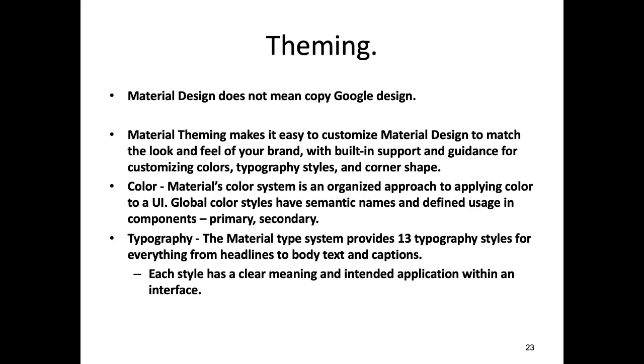Now, by theming, we mean what kind of color scheme you wish to use, what kind of typography you'd like to use. And that's all kind of a branding that you might want to associate with your website, which is unique to your website. So there is still that flexibility available to you within the overarching material design principles and building blocks.